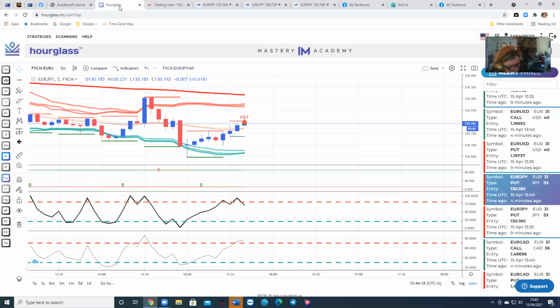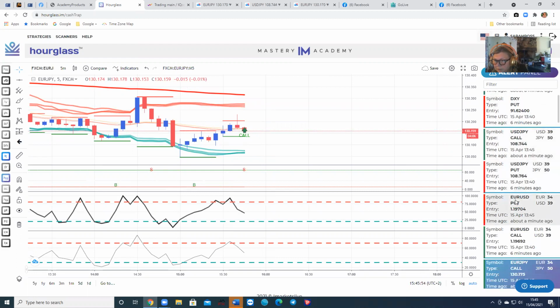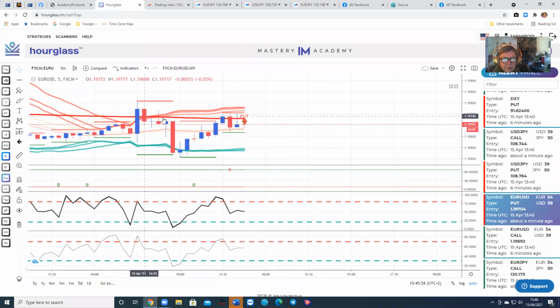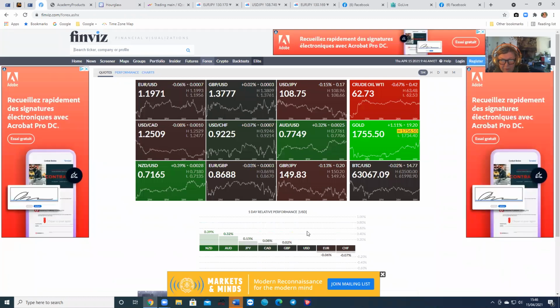So let me look now at what Euro USD is doing. We've got our moving average slicing through the middle. We've got the euro weaker than the US dollar.